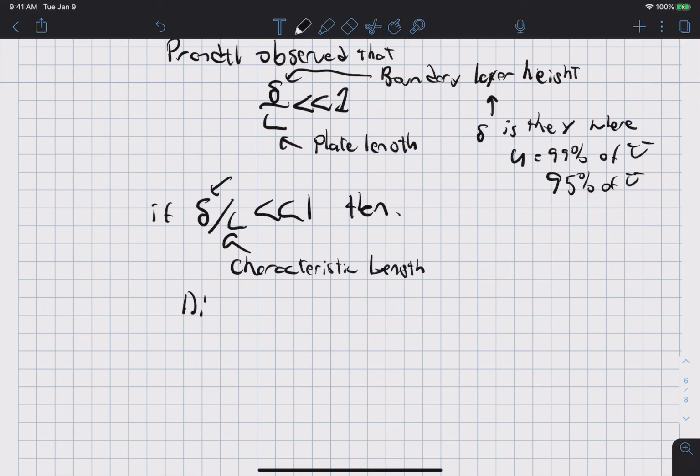Again, that's really the one assumption that Prandtl makes, and then he just worked through the Navier-Stokes equations and followed through with the mathematical consequences of this assumption. And we're not going to do that in this class. You guys will probably be pretty happy about that.